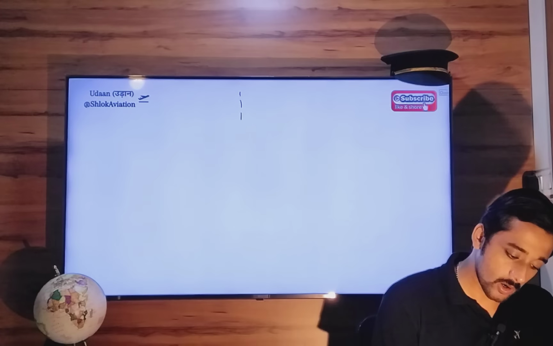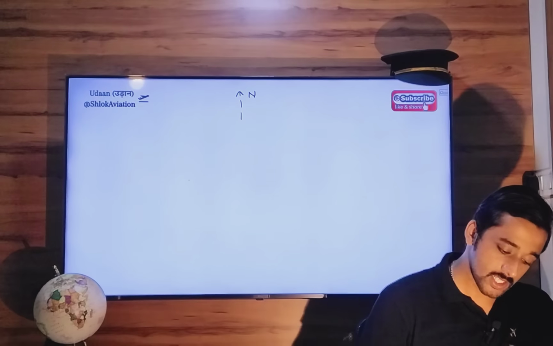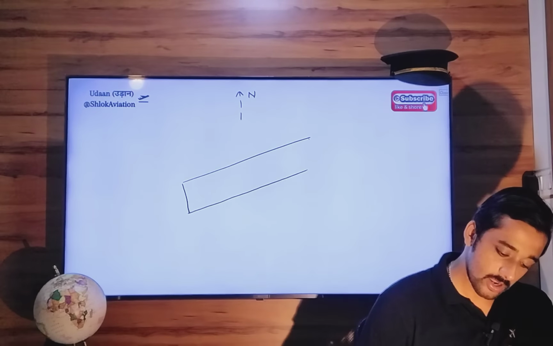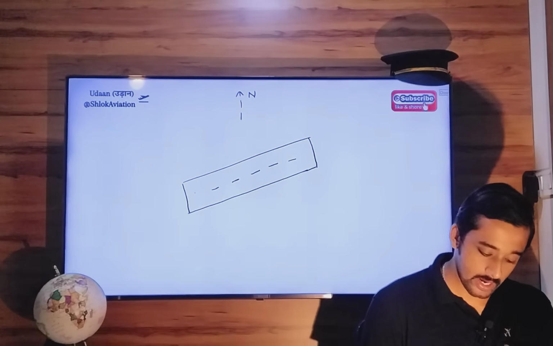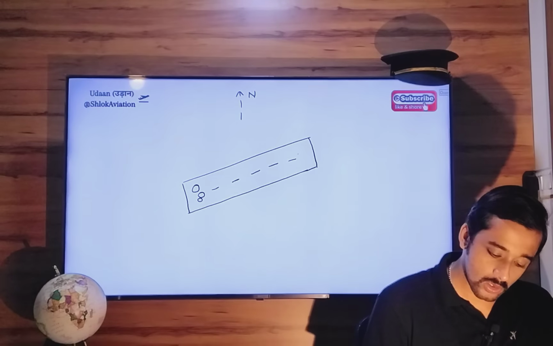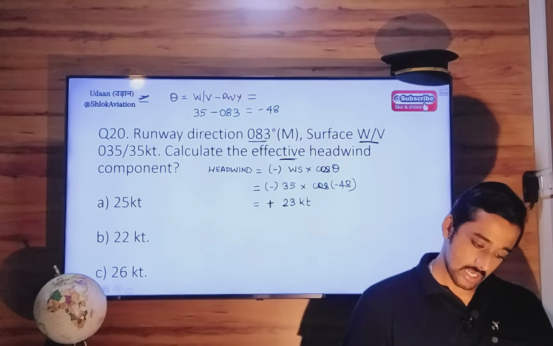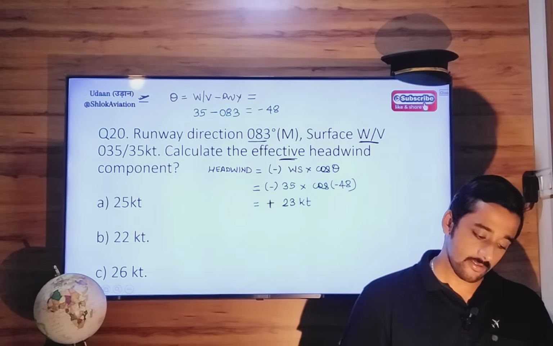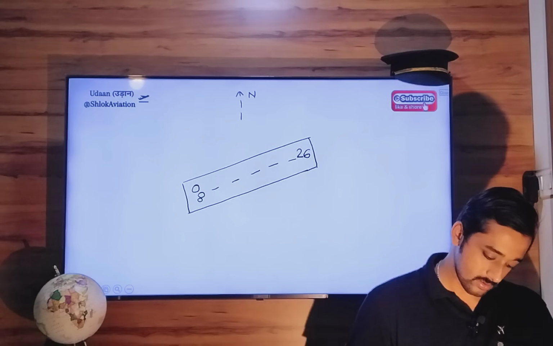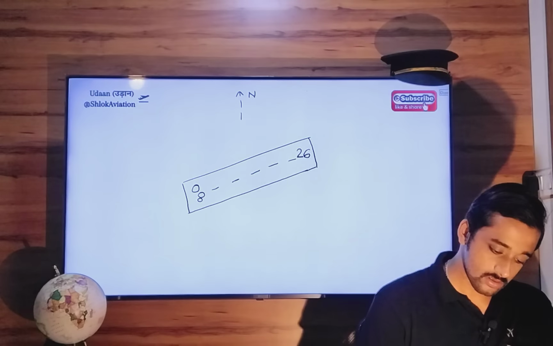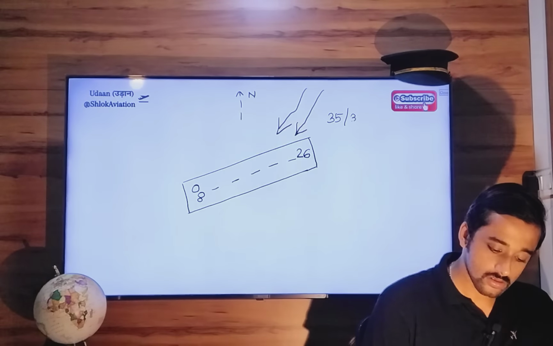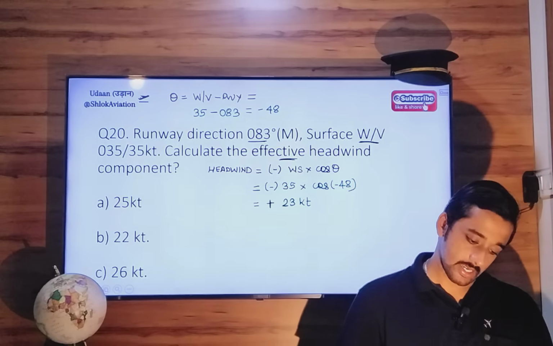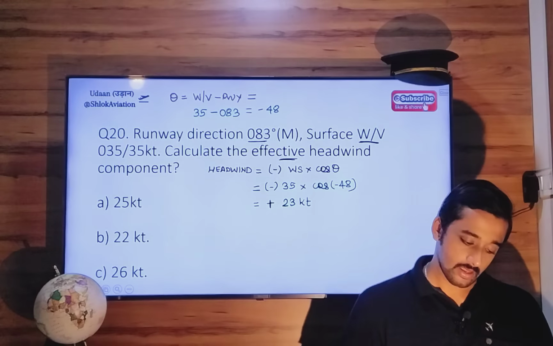So let's draw this diagram for knowledge. This is your north datum. This is the runway direction 083, in short 08. This is runway 08. This is runway 26. Winds are coming from 35 at 35. So that means this is a headwind.